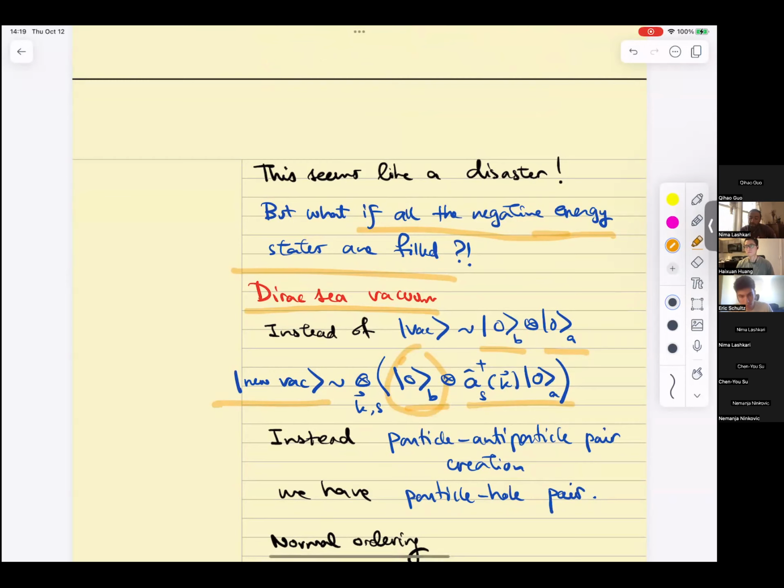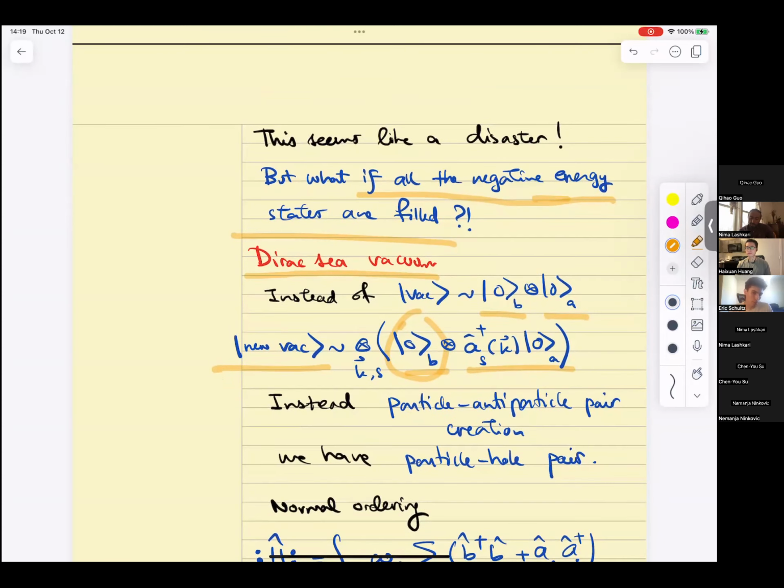But for the A particles, we're going to pick a state in which there is a fermion already included in every single possible mode. So you cannot reduce the energy of this any further by exciting. Instead of the particle-antiparticle pair creation in quantum field theory, in this language, what you have is that you can create particle-hole pairs.